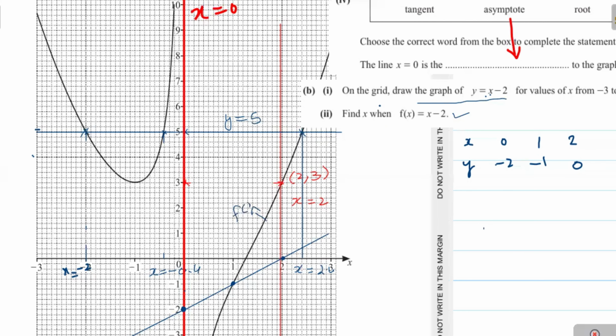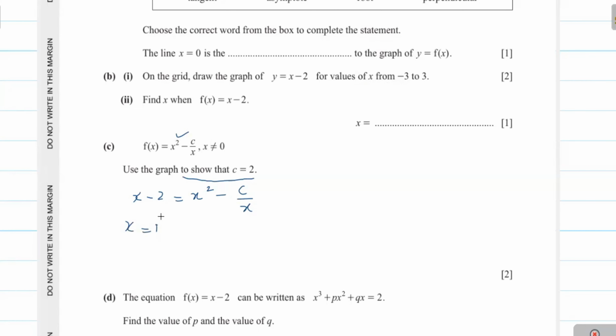Therefore, for x equal to 1, where both functions are equal, we substitute x equal to 1, we get 1 minus 2 equal to 1 square minus c over 1, so minus 1 equal to 1 minus c, and c will be equal to minus 1 plus 1, that's equal to 2.